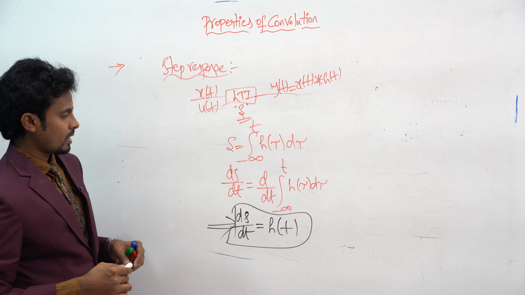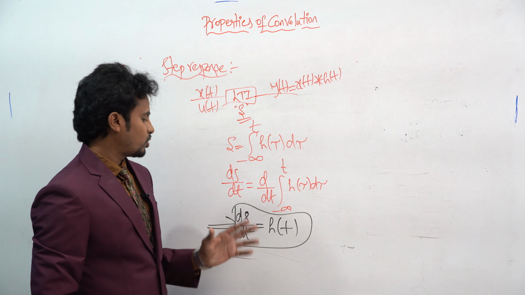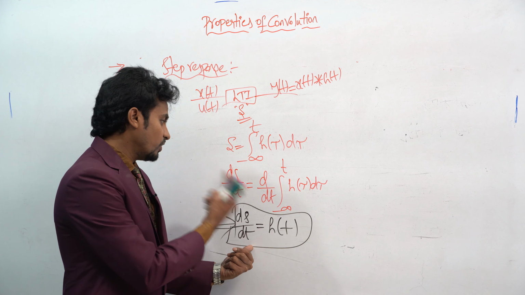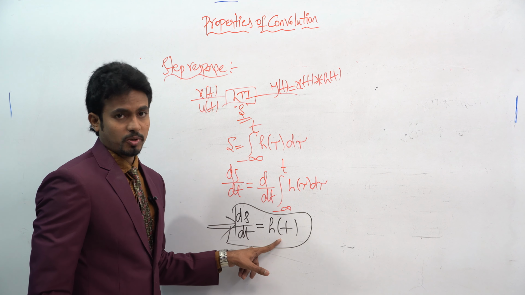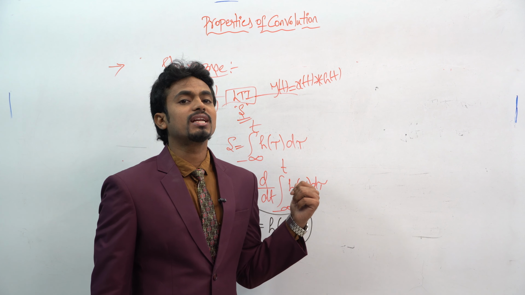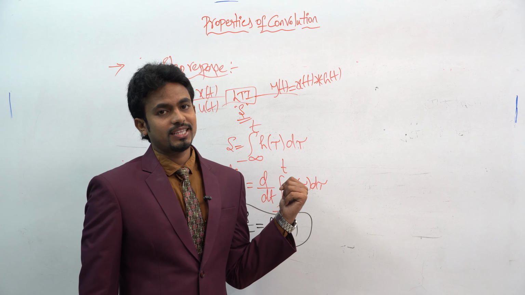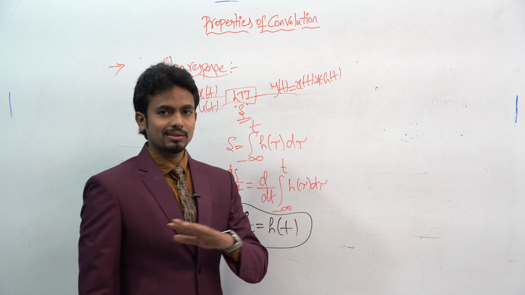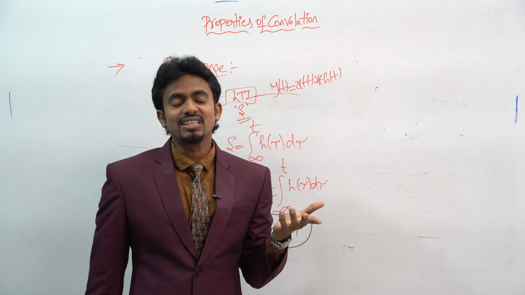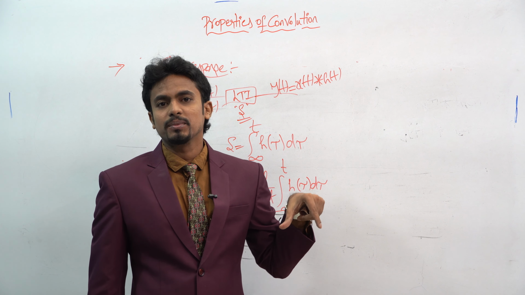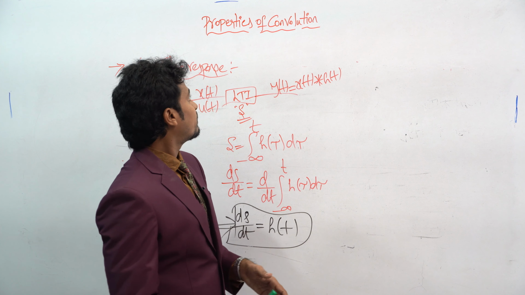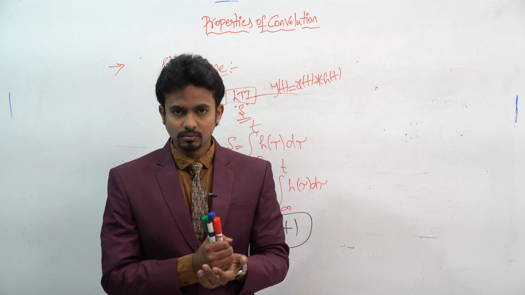That means if you differentiate the step response, you will get the impulse response, right? The impulse response completely characterizes your system. The main theme of the convolution is that impulse response, right? We study what happens to the entire system by means of the impulse response. These were some important properties based on the convolution.